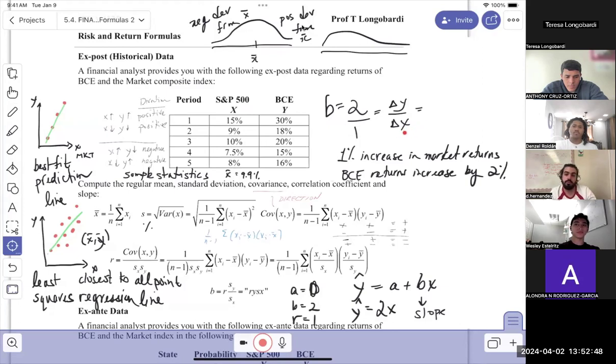That's the interpretation. You start here, so you talk about the change. I'm going to say increase, and then it tells you how y changes. So what if there's a 5% increase in market returns? What will the change be in BCE returns?